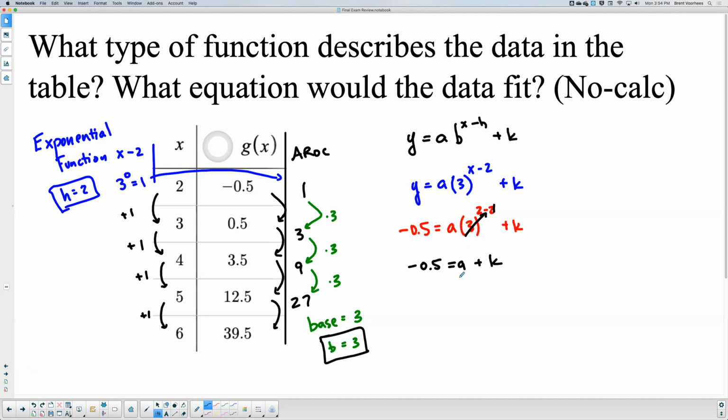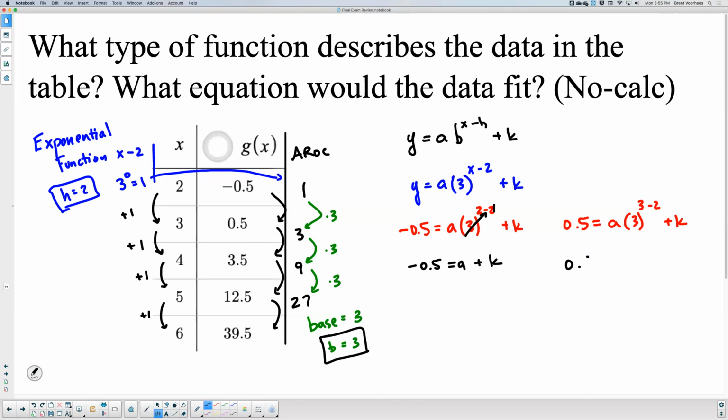Well, I can't solve anything yet. So what I'm going to do is plug in another point. I'm going to plug in this point here. And so I'm going to say 0.5 equals a times 3 to the power of 3 minus 2. I plug in a 3 and a 0.5. That's all I've done, plus k. And when I go to simplify this, that's 3 to the power of 1.